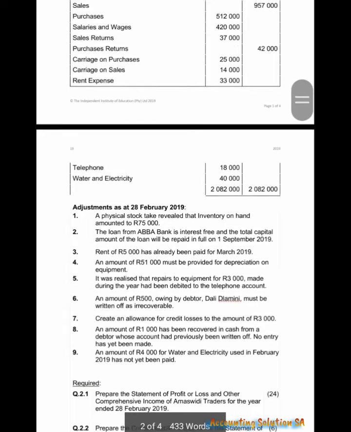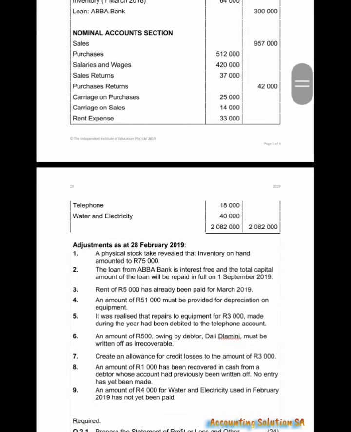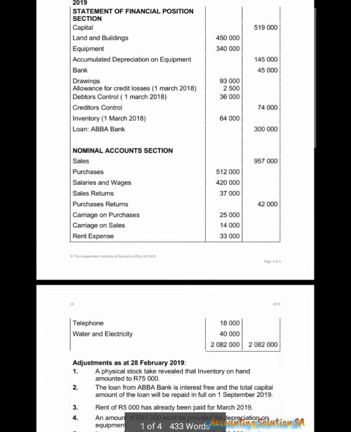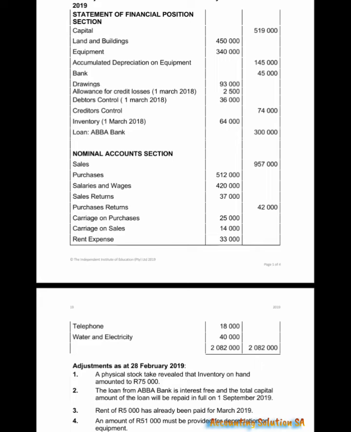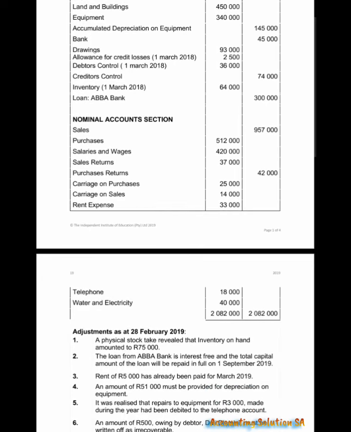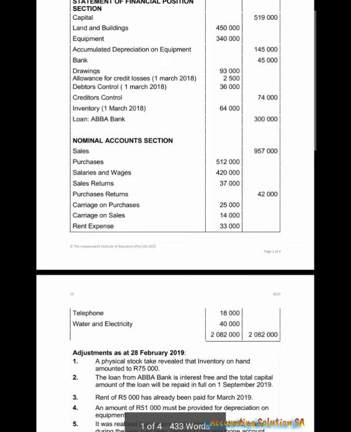Then now let's go to the cost of sales. We already identified that in this case we don't have any cost of sales given, which means that now we have to use the formula that applies under the periodic inventory system. The formula says we first have to take the opening balance of inventory plus purchases, then we subtract any returns, then we also have to add carriage on purchase, then we subtract the amount of inventory at the end. Let's start with the opening balance, which is 64,000 under the statement of financial position.